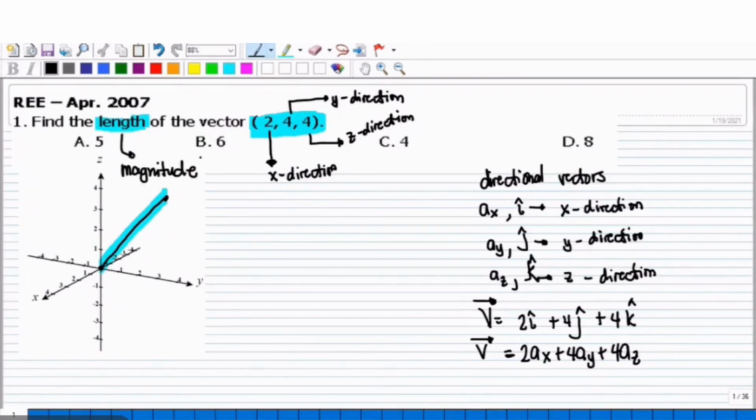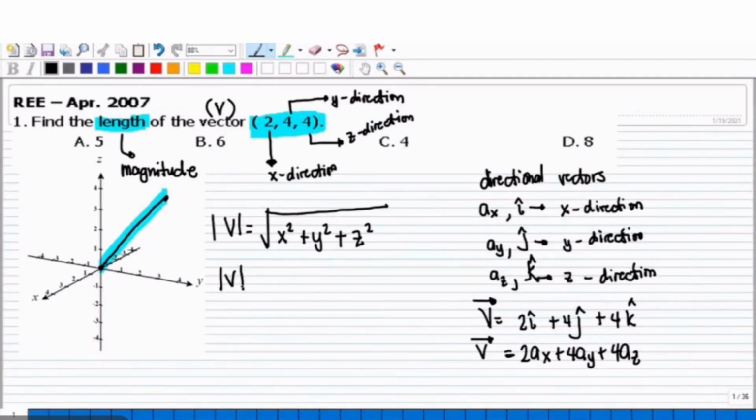Okay, magnitude ng ating vector. So, denote na lang natin to as vector V. Okay? So, therefore, magnitude of V is only just, parang nag-analytic geometry lang tayo. So this is equal to square root of x squared plus y squared plus z squared. Okay, so lahat po ng mga x component, y component, and z component natin ay i-add natin siya vectorially.